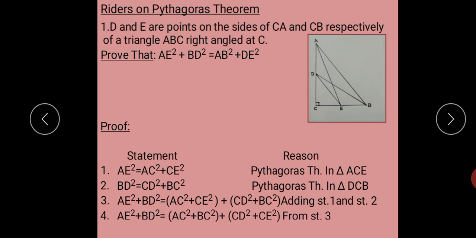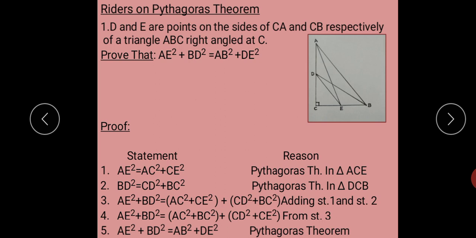We have rearranged the terms, and after rearranging, what we get is AE square plus BD square is equal to AC square plus BC square, which is AB square, and CD square plus CE square, which is DE square.